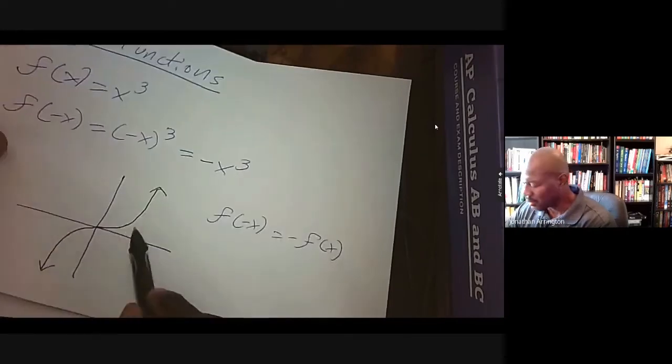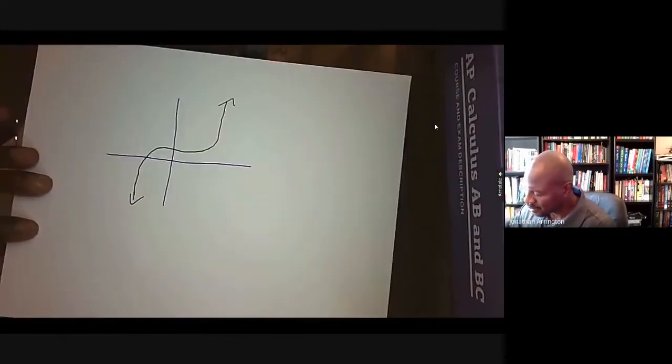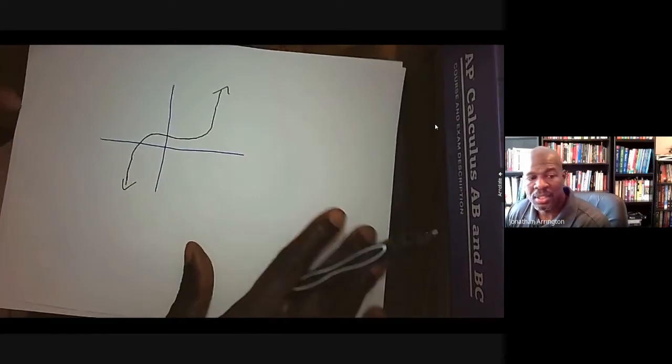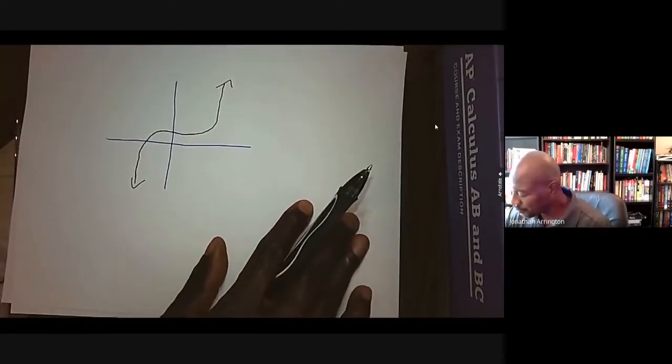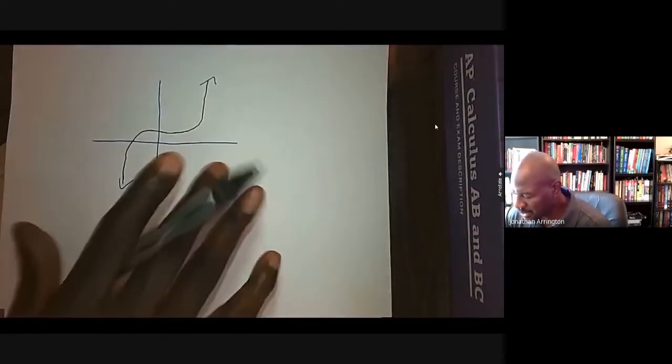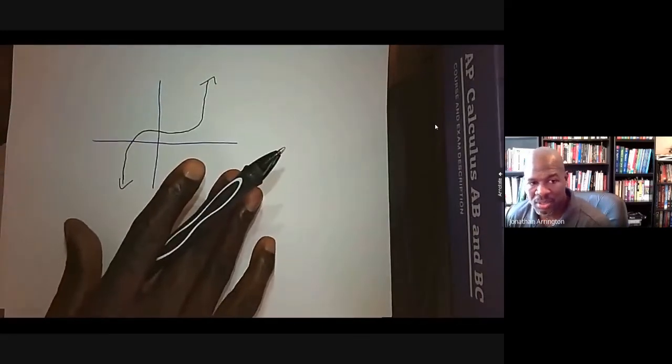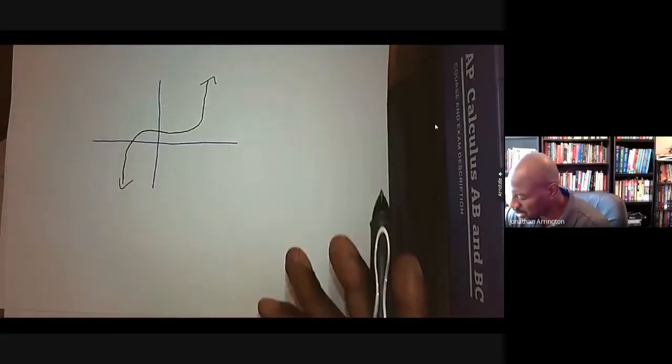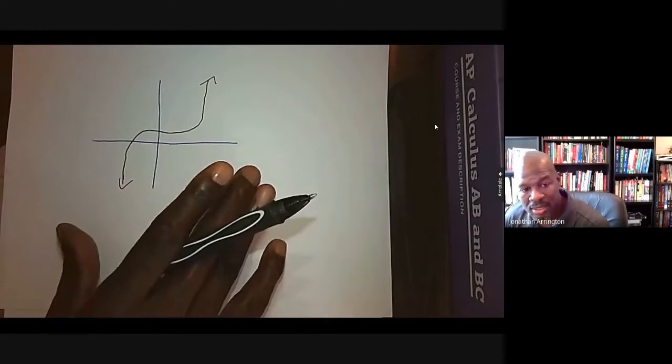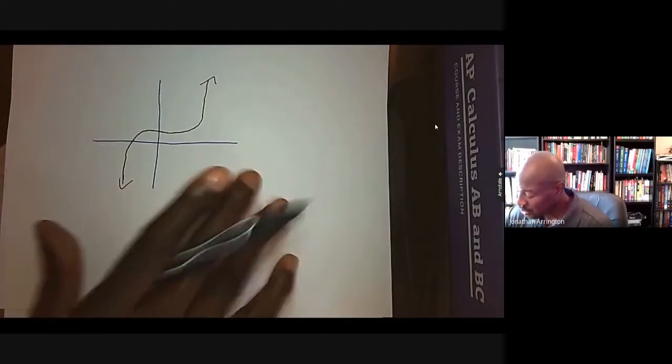And it looks tremendously similar to this graph, correct? But it's slightly different. Now, do you think this is the graph of an odd function? Right now we're only looking at the graph, so we're not looking at any particular function equation. We're trying to get the answer from just the graph alone. So do we think this is odd?